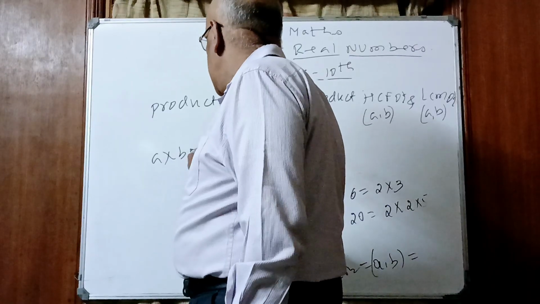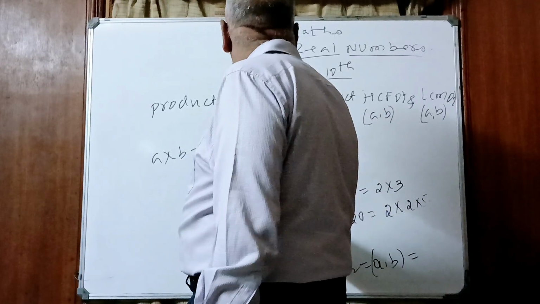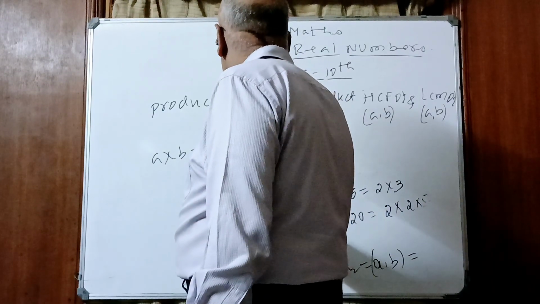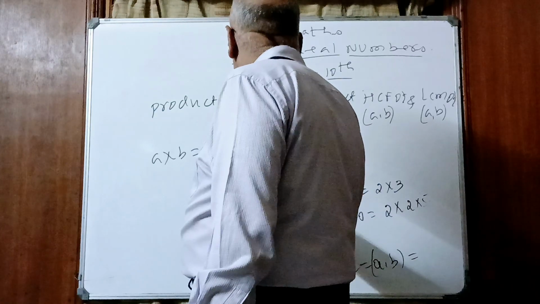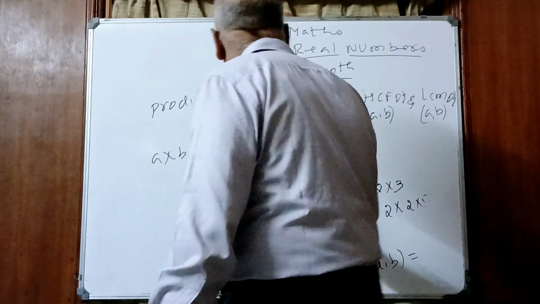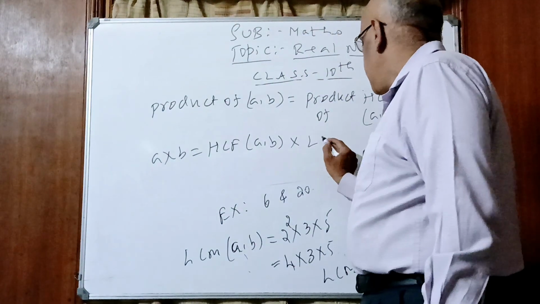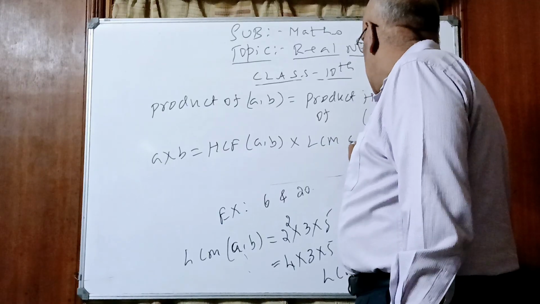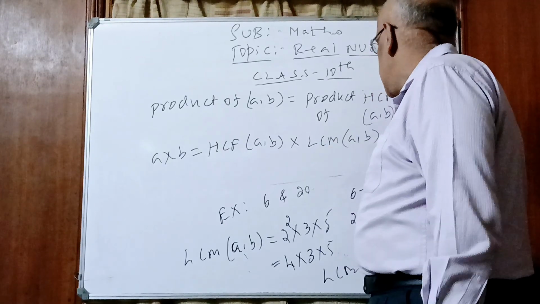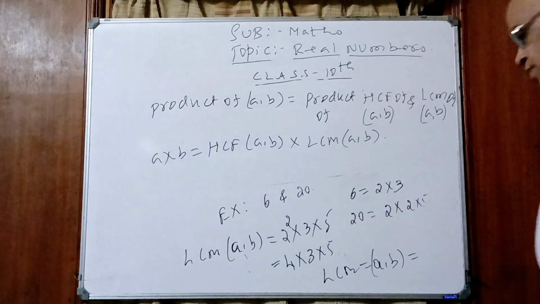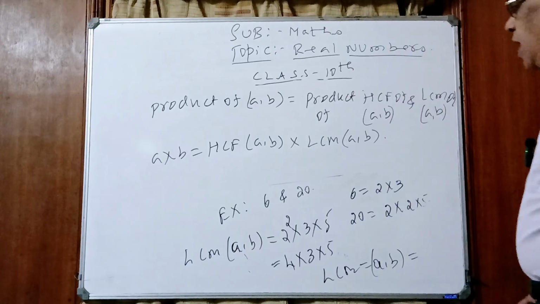A into B is equal to HCF of A comma B into LCM of A comma B. Yes or no? Yeah. How is that?